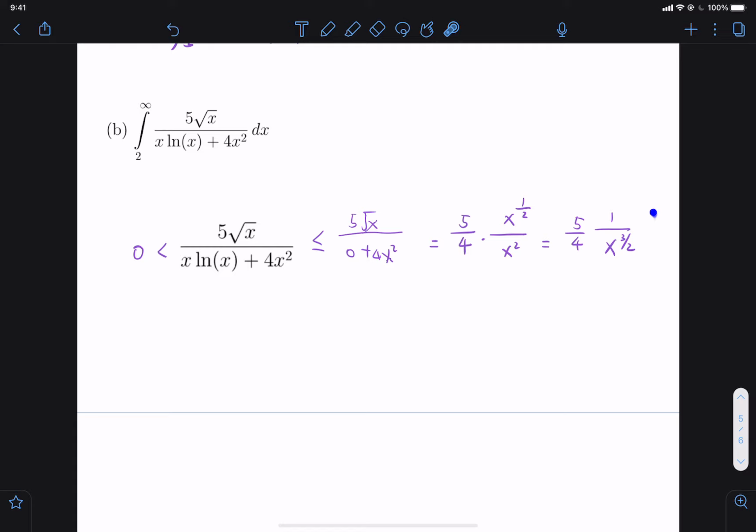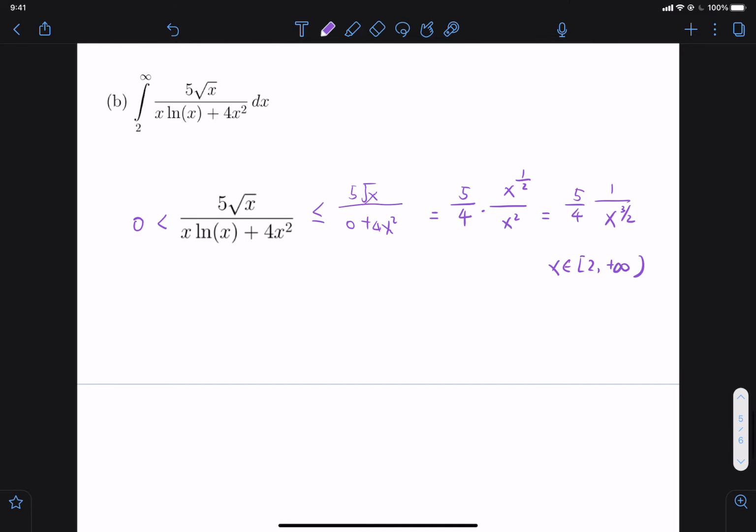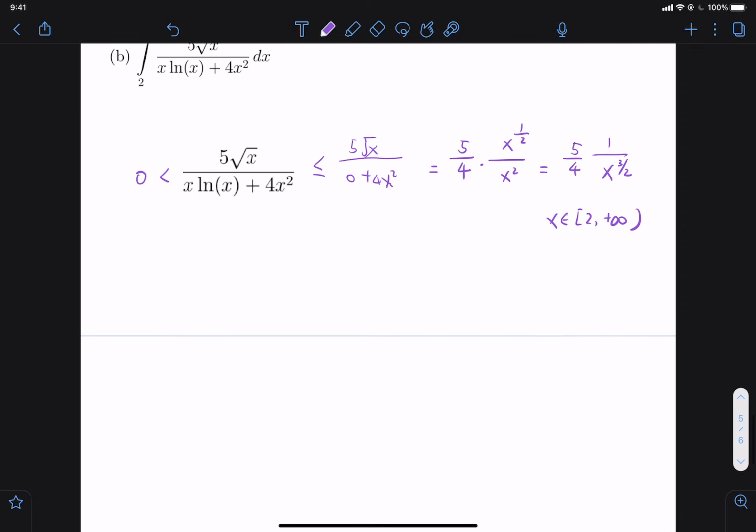By the p-test, this is going to be convergent. To be more specific, that's when x is from 2 to positive infinity. By the p-test, this is p equal to 3 over 2, greater than 1.